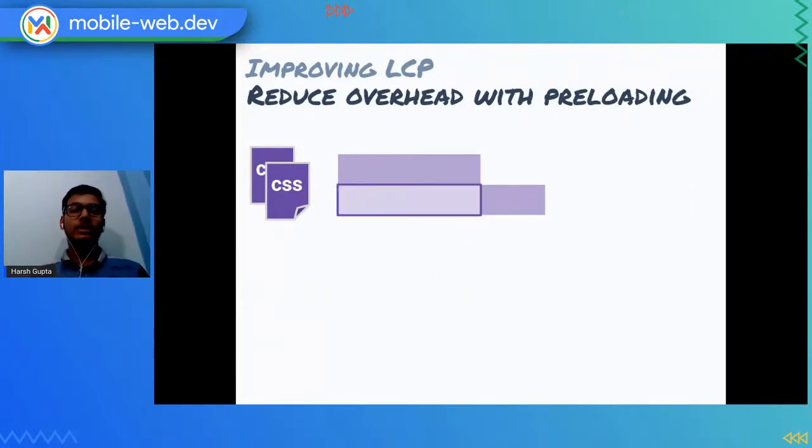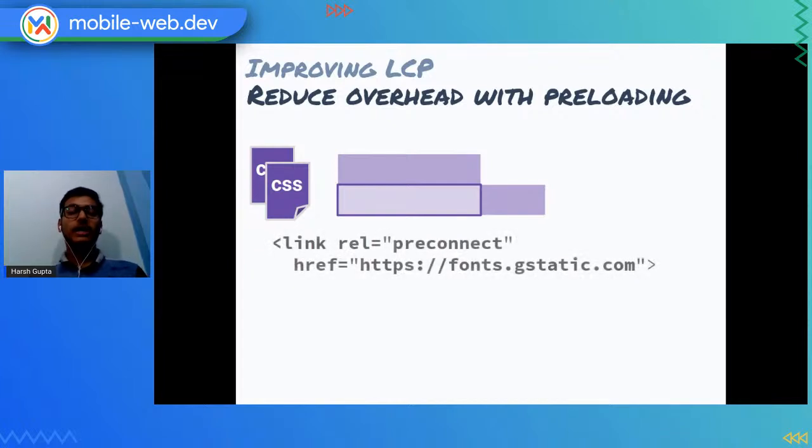For that we have preconnect. If we want to import our Google fonts, we can apply preconnect, and it will load these Google fonts before the HTML, CSS, and JavaScript files.